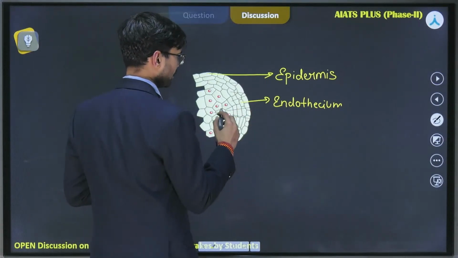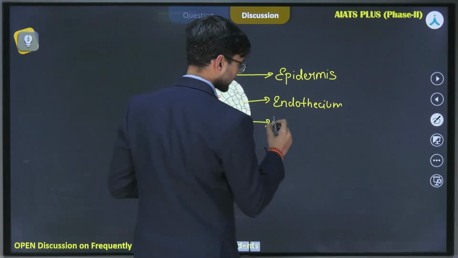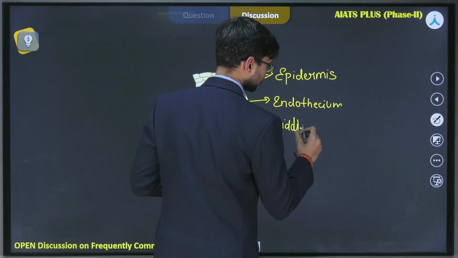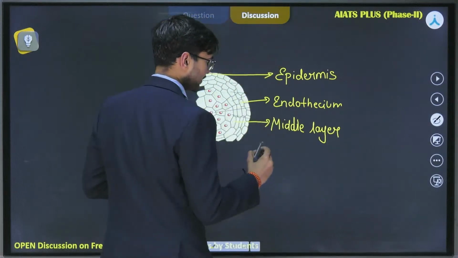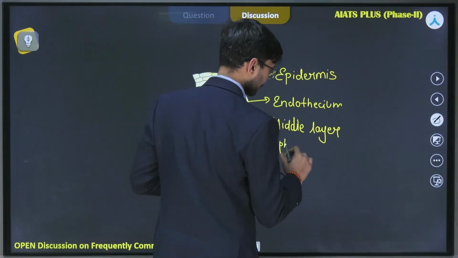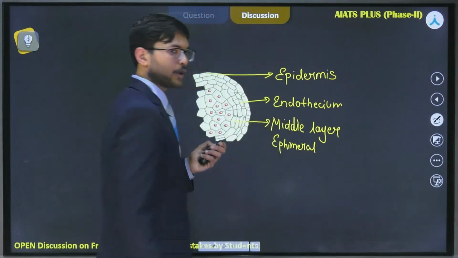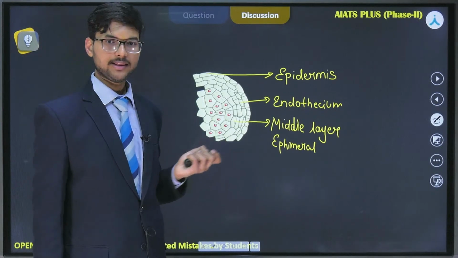Below the endothecium, you will see 1 to 3 middle layers. These middle layers are ephemeral.